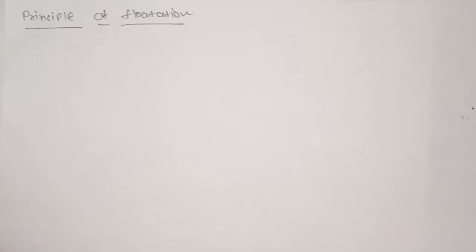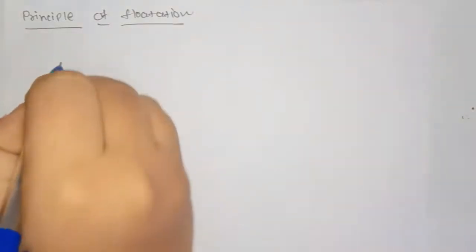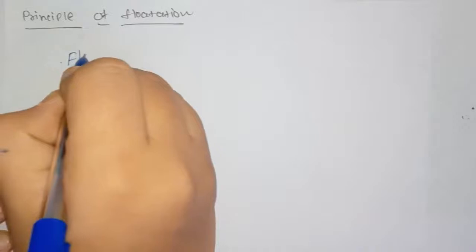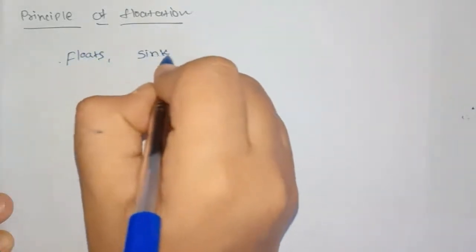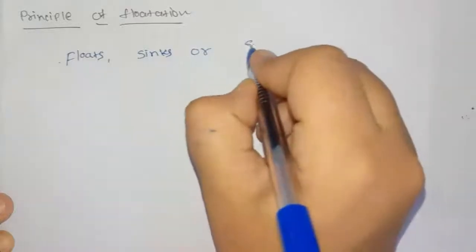Now let us see the principle of flotation. Whenever a body is immersed fully or partially, there can be three different situations. Either that body floats, it sinks, or it submerges.